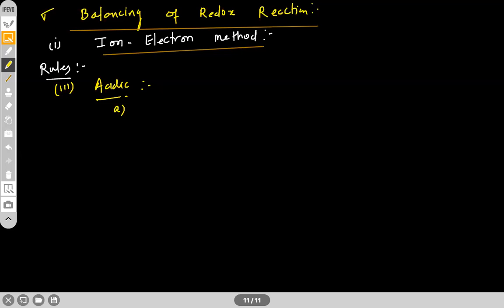Okay, you just write down the rules here. With examples, we'll understand each and every point. Don't worry. Acidic, first point: oxygen atom is balanced by adding water molecule on the oxygen deficient side.